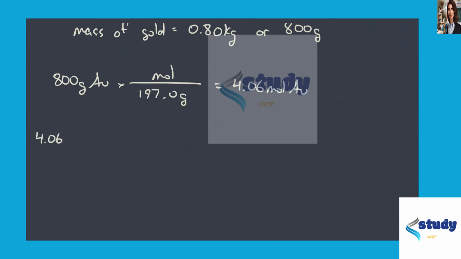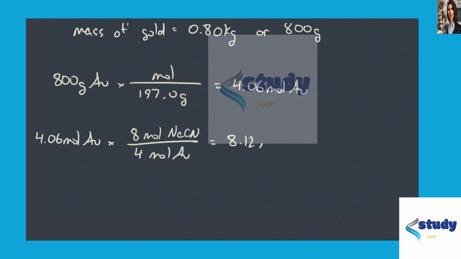We have 4.06 moles of gold, and our stoichiometry here gives us 4 moles of gold to 8 moles of NaCN. So this would yield 8.12 moles of NaCN.